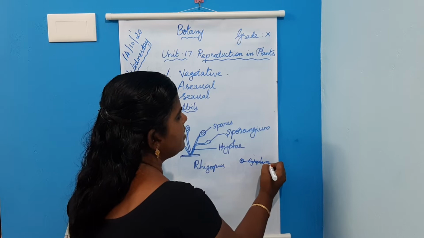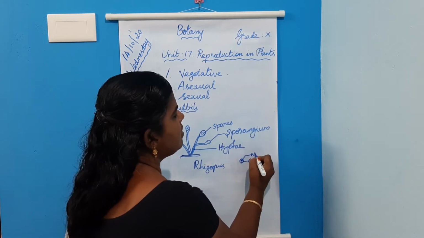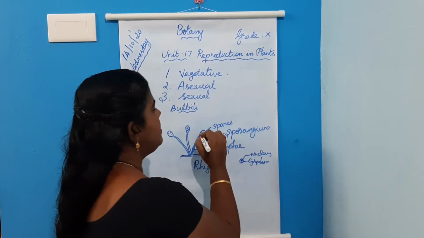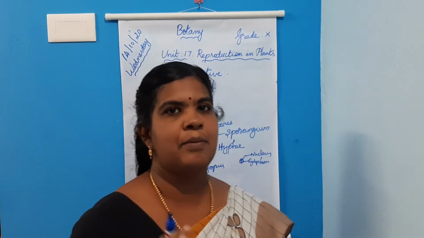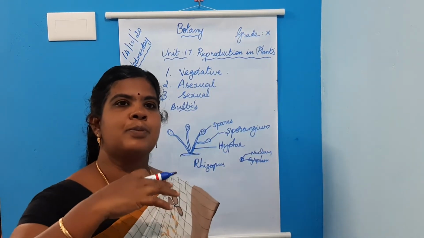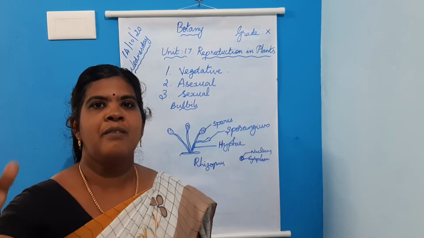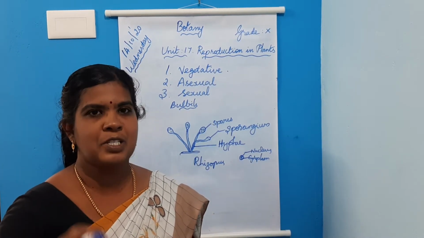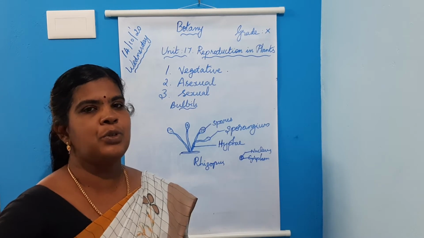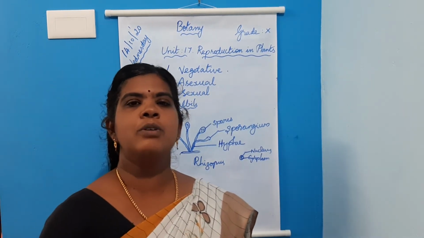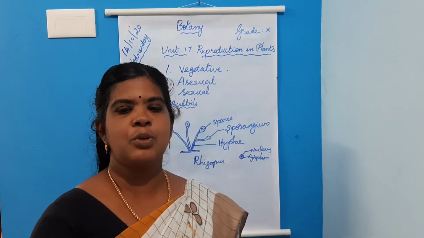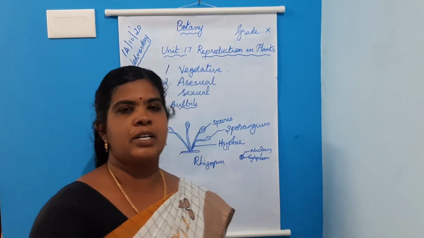When the sporangium gets broken, when the wall gets ruptured, the sporangiospores are liberated. When they fall on a suitable substratum, they can develop into the young one. Thus the plants can reproduce through asexual reproduction.